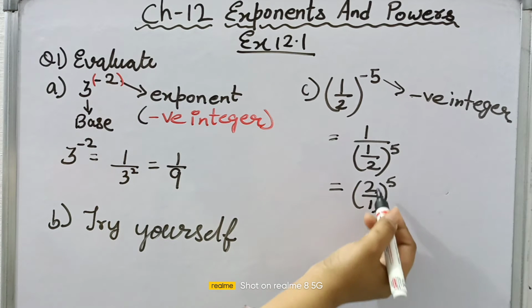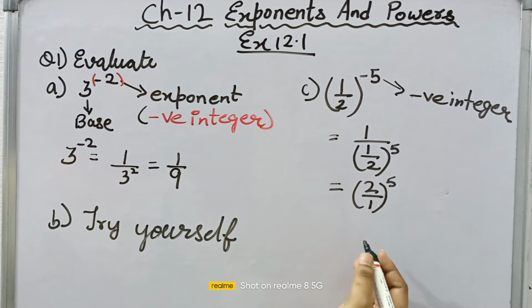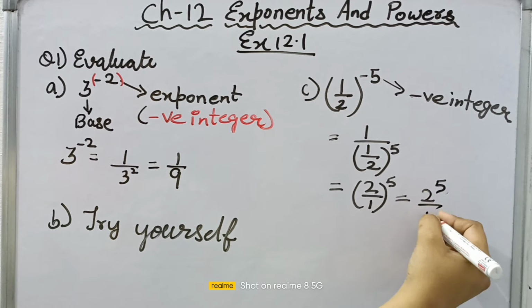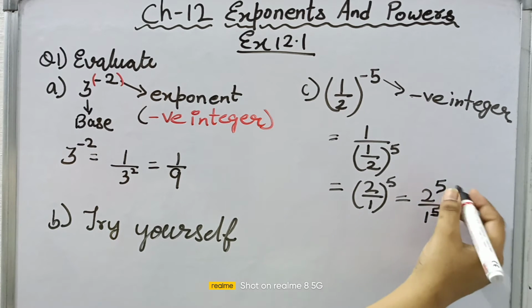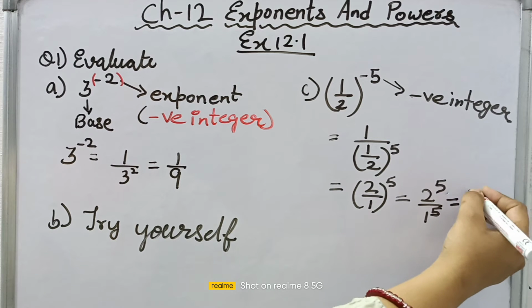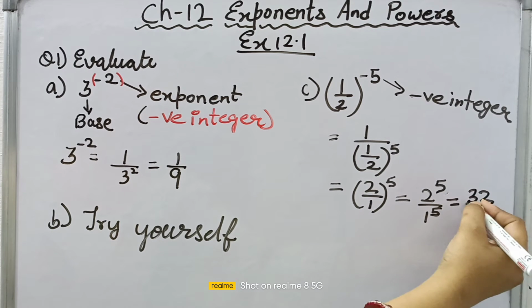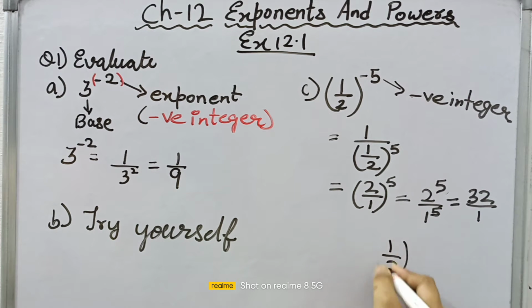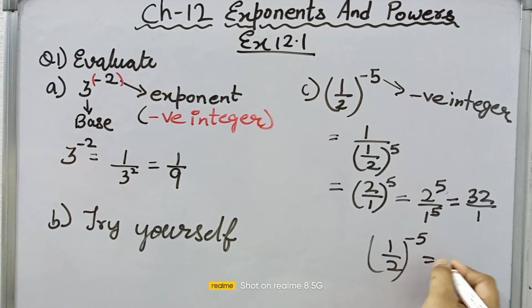So we can write 2 upon 1 raised to the power 5. Now we can directly find out 2 to the power 5 and 1 to the power 5. What is 2 to the power 5? It is 32, and 1 you all know 1. So our answer for 1 upon 2 raised to the power minus 5 is 32, because 32 upon 1 is whole number 32.